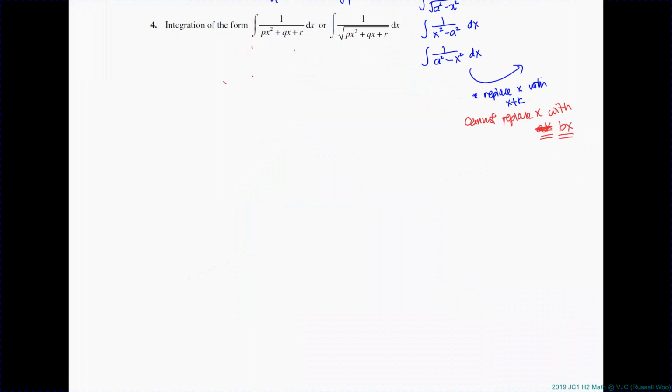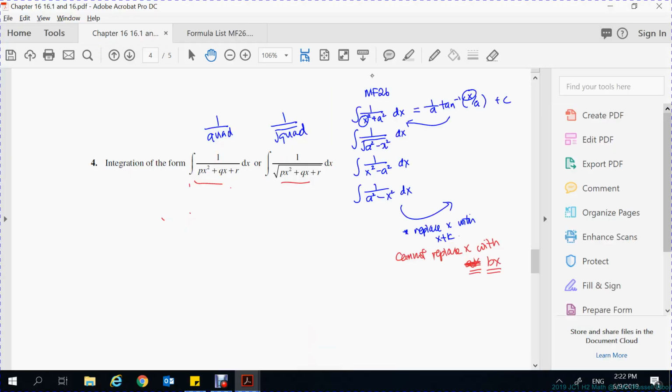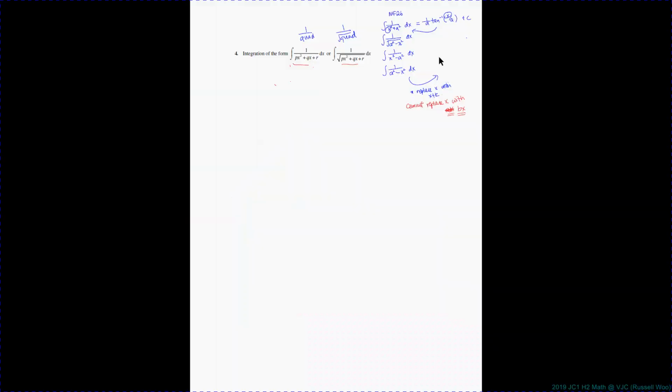So how do we integrate something like that? 1 over quadratic, 1 over square root of quadratic. Change my pen color first. Now, I think it's easily illustrated using an example.